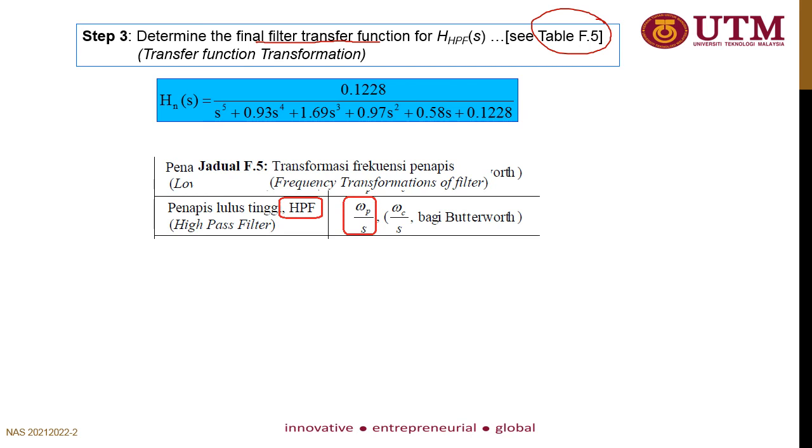Okay, so this is table F.5, and in this case we have high pass filter, so make sure you refer to the high pass filter equation for Chebyshev.